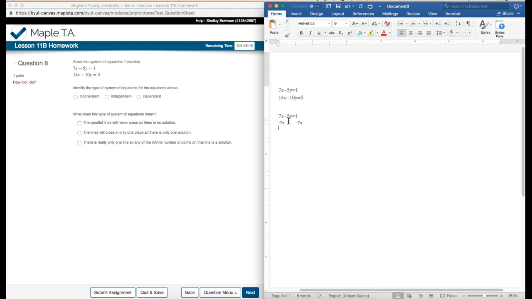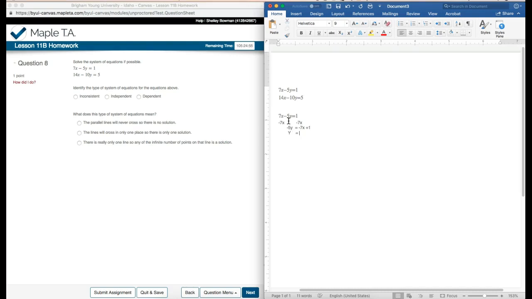Okay, so we're going to subtract 7x from both sides, and I end up with, on the left-hand side, negative 5y equals negative 7x plus 1. And then I need to continue solving by dividing everything by negative 5. Negative 5 divided by negative 5 is y.